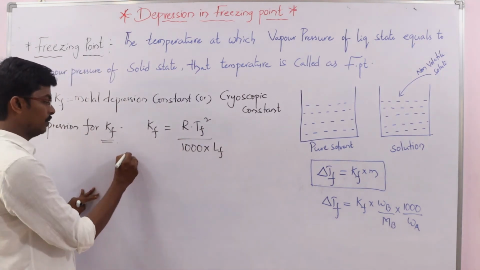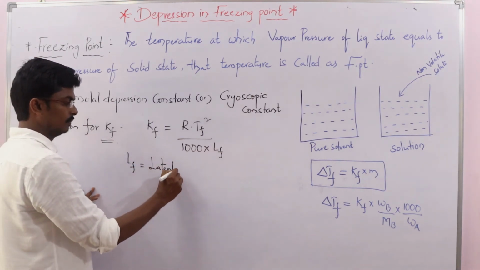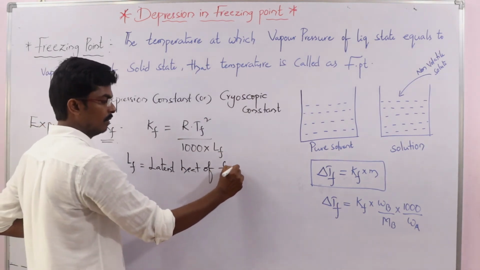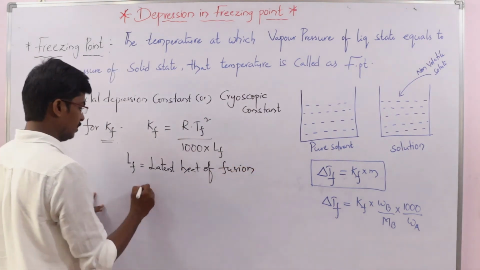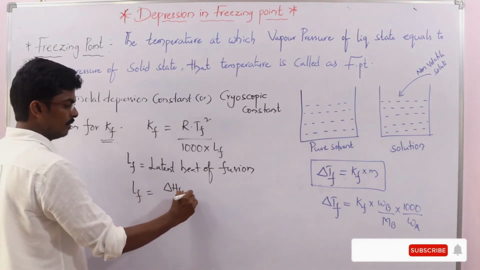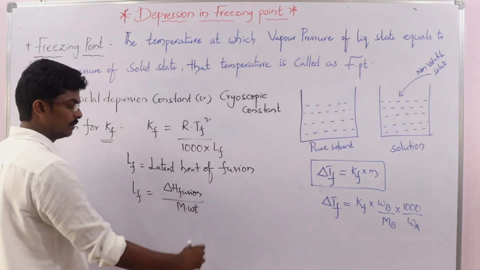And Lf is the latent heat of fusion. Lf is taken as ΔH fusion divided by the molecular weight.